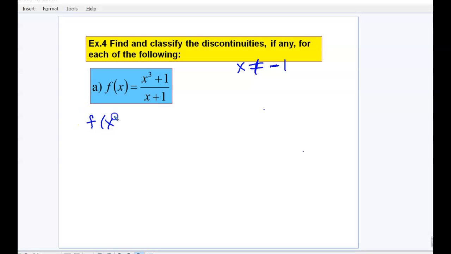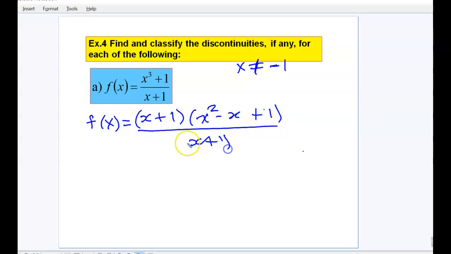So the next thing I'm going to do is factor. I can factor the top as a sum of cubes. And now, because the factor that has the non-permissible value of negative 1 cancels out, this is going to be a hole in the graph. And since it's a hole in the graph, it's going to be a removable discontinuity.